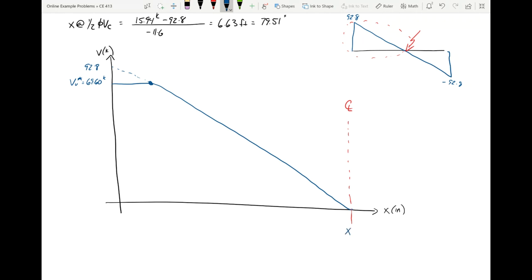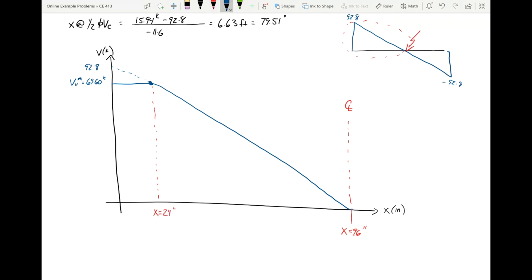So this right here is x equals 8 foot, or 96 inches, because that's where midspan is. Now this is Vu star. This occurs right here at x equals 24 inches, because that's d.